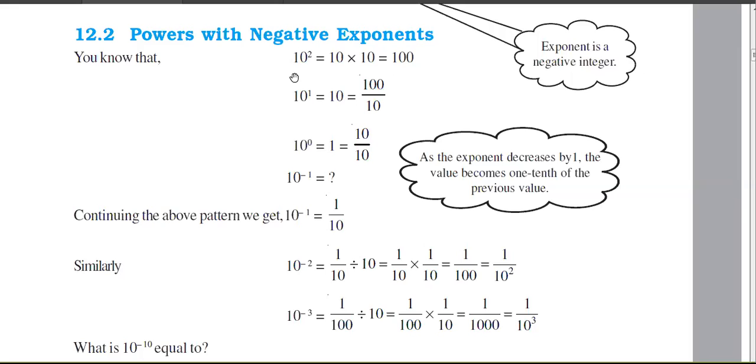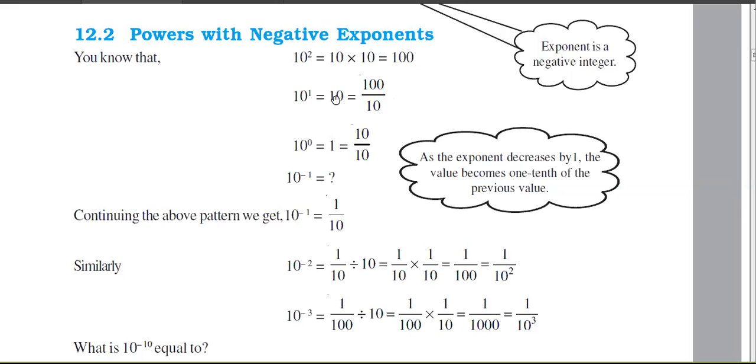If the base was 2, it would be reduced by 1 by 2. But the base here is 10, so it gets reduced to 1/10 of the earlier or previous value.